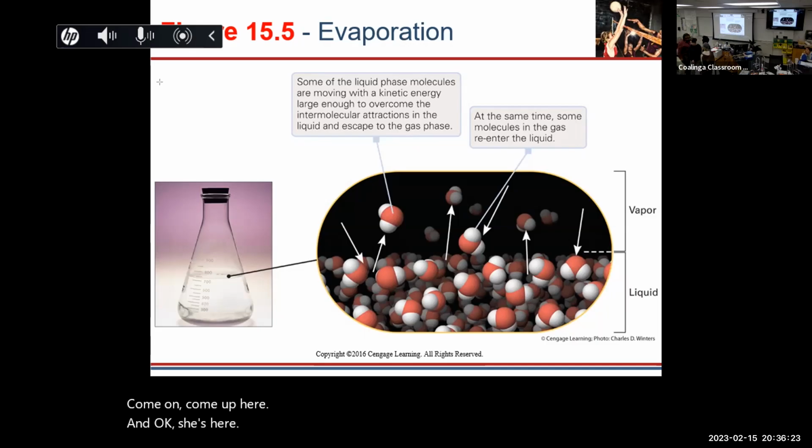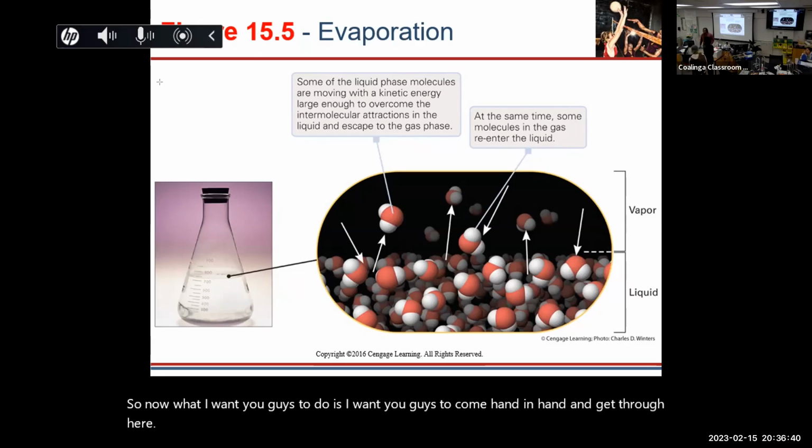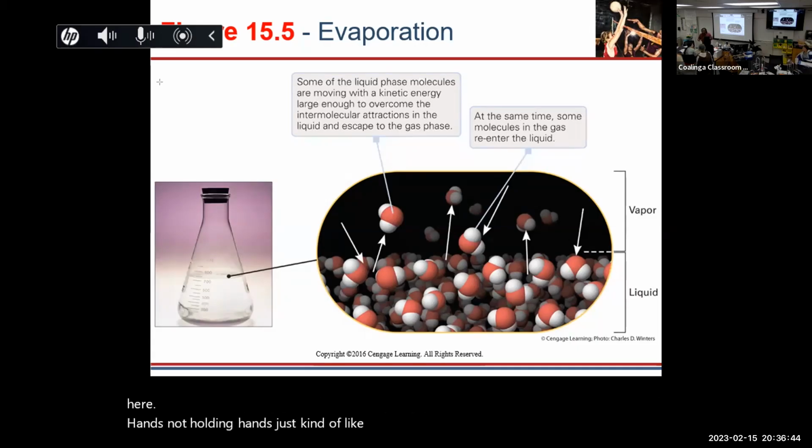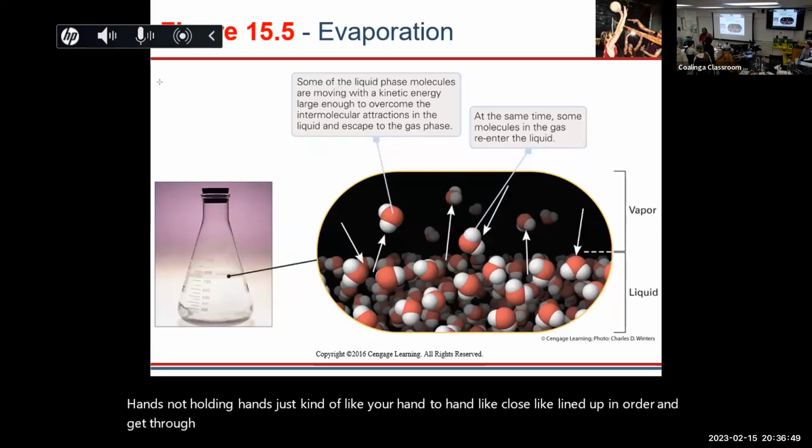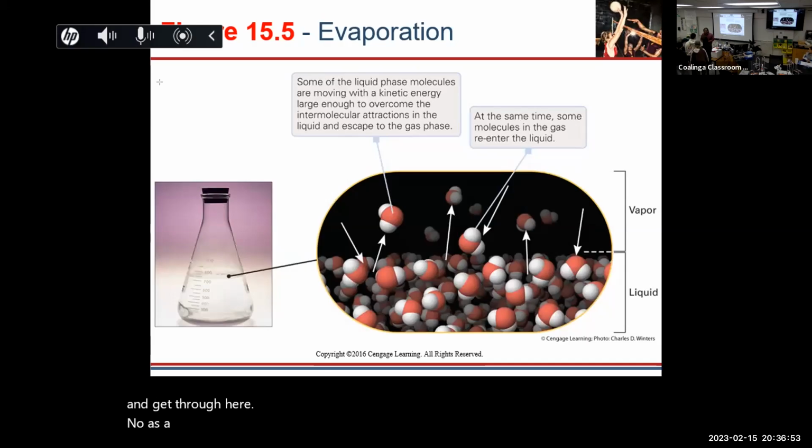Okay, so now what I want you guys to do is come hand in hand, lined up in order, and get through here. Not holding hands, just close together. As a group, try to get through.